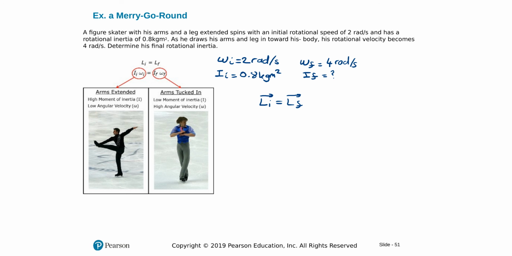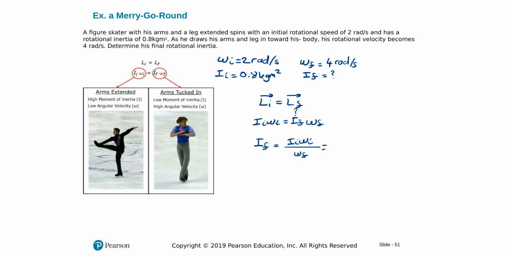We'll put in the magnitude. So I initial omega initial equals I final omega final. That's the idea here. We know everything else but I final. To find that, leave it alone and divide each side by omega final. We'll have I final is equal to I initial omega initial divided by omega final.